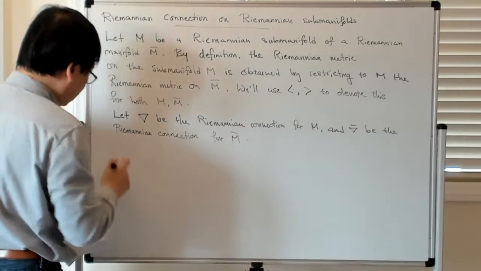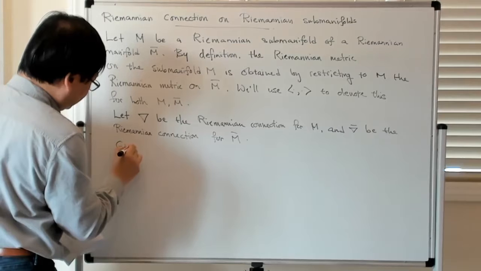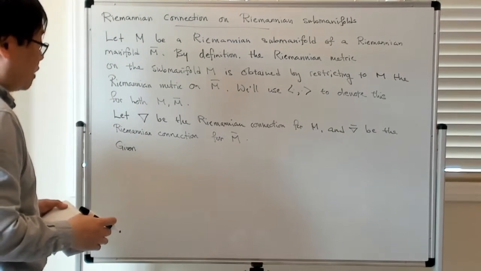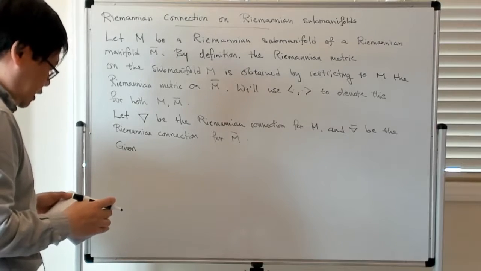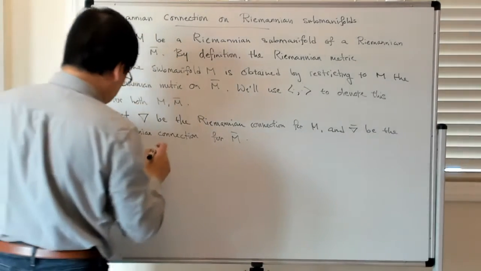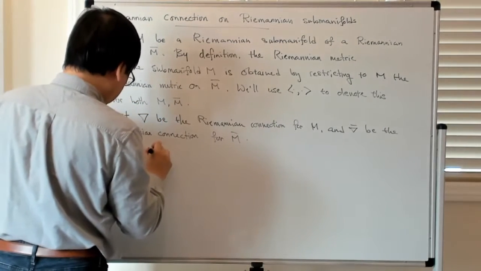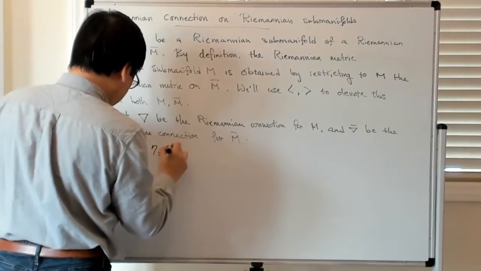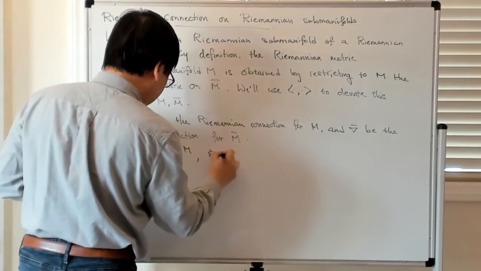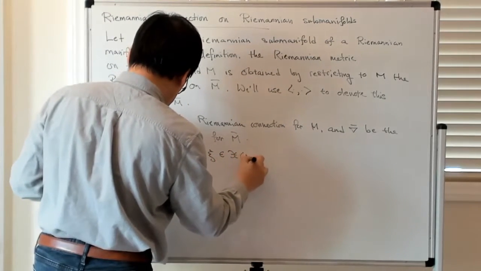Okay, so let's consider what we need. When you apply the Riemannian connection, you need a tangent vector and you need a vector field. So let's say that we have a tangent vector on M and a vector field on M again.